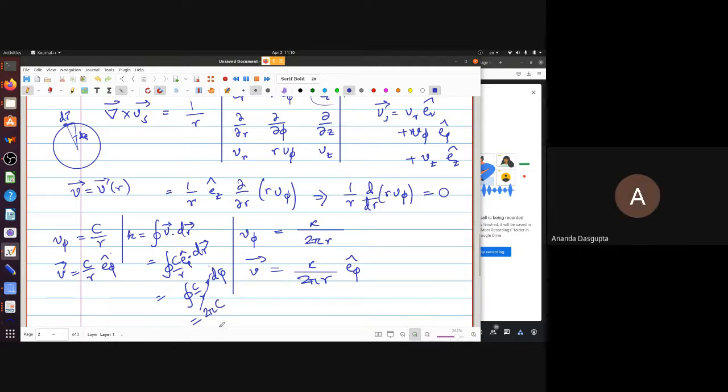So this integral is 2 pi times C, right? So kappa, the circulation, is 2 pi times C. And all I've done here is rewritten this V phi, which is C by R, as kappa by 2 pi by R. That's what I've done here. Is that okay?